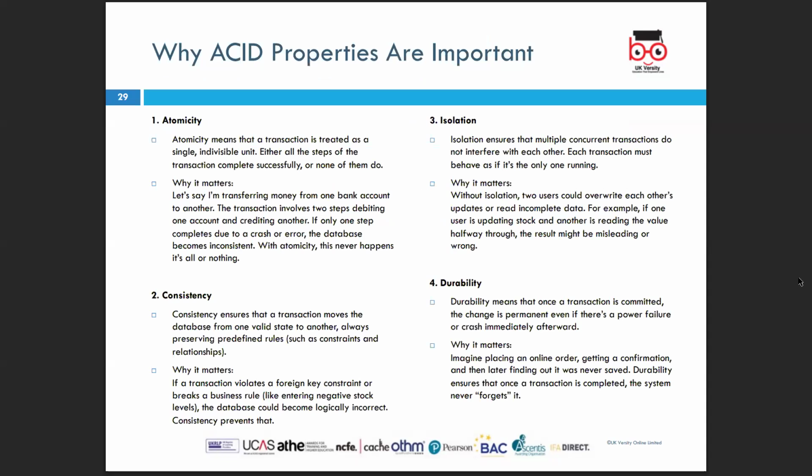Atomicity. So this means that our transaction is treated as a single indivisible unit. Either all the steps of the transaction are completed successfully or none of them are completed. Why does this matter? So let's say we are transferring money from one bank to another.